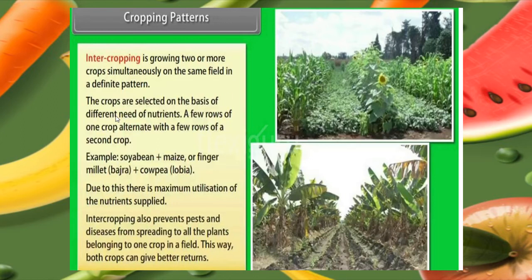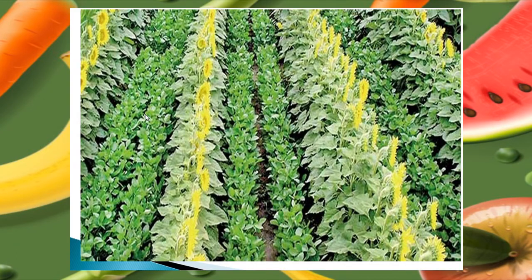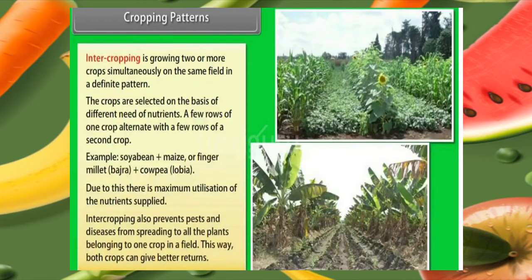The crops are selected on the basis of different needs of nutrients. The crops are selected in such a way that their nutrient requirements are different. A few rows of one crop alternate with a few rows of another crop. So in this technique, harvesting becomes comparatively easier.